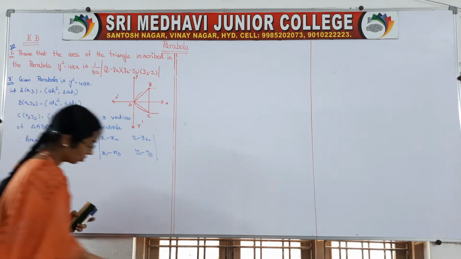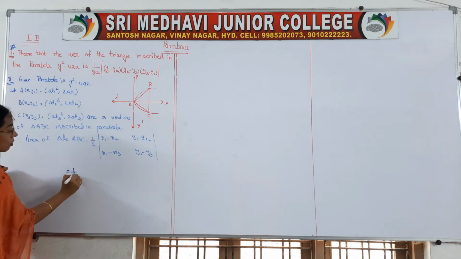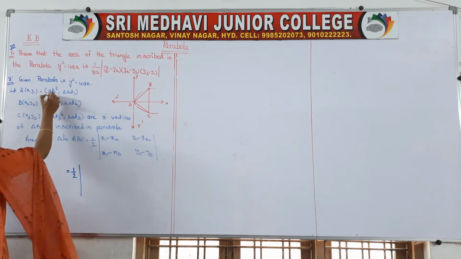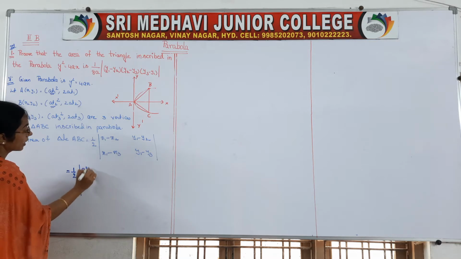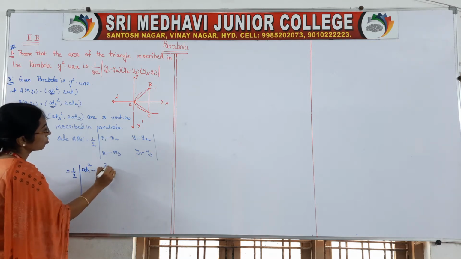Right, so it is equal to 1 by 2. Come on, so x1 minus x2. x1 minus x2 means, see, this is your x1, this is your x2. So we can take a t1 square minus a t2 square.